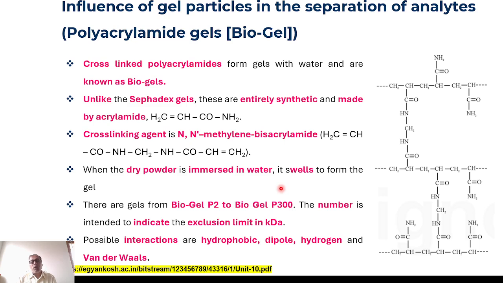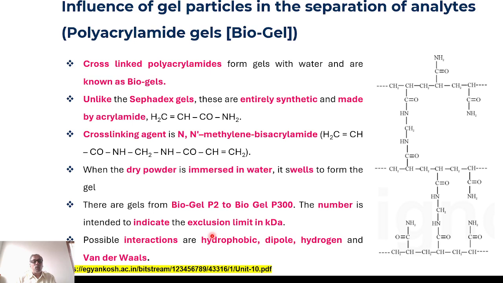If there is a molecule of 301 kilodalton, it will not be included by the gel because its size is slightly larger than the pore size, so it will be excluded. So the gel number, P2 or P10 or P50 or P100, directly gives the exclusion limit.